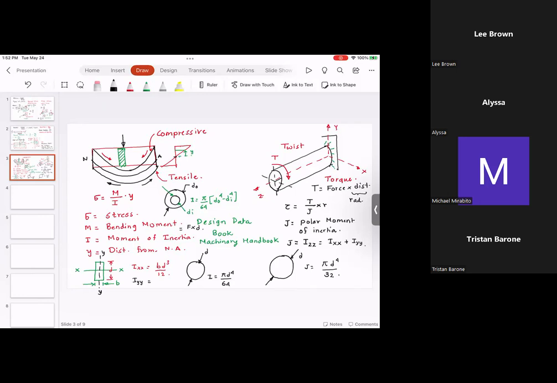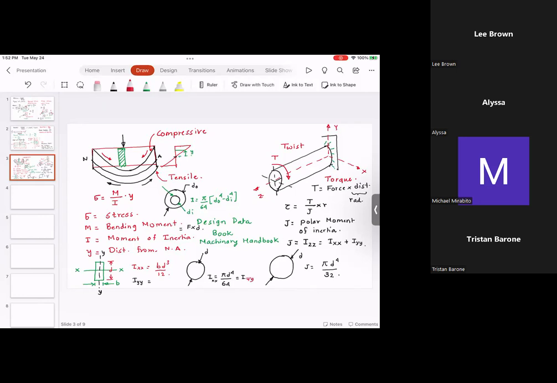Please understand, I is pi D to the power 4 divided by 64, and this is IXX. It's the same as IYY.